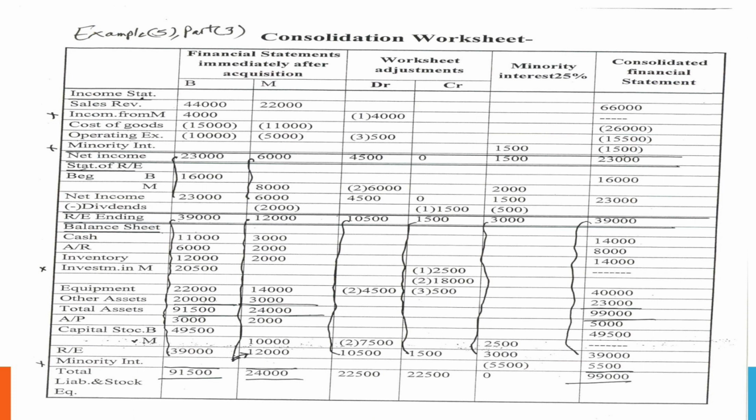Now, what am I going to do with 4,500 for the equipment? I'm going to do annual depreciation, not amortization, because equipment is a tangible asset. What happens if I have a goodwill and the equipment? I have one amortization for goodwill and one depreciation, that means I have two, okay?